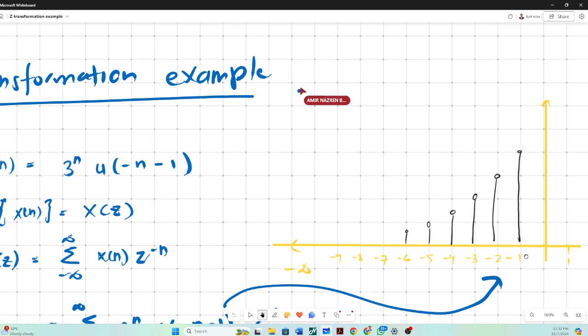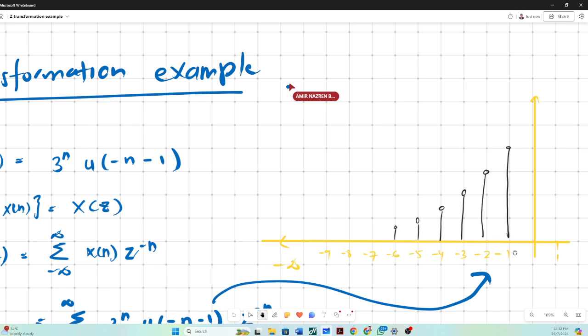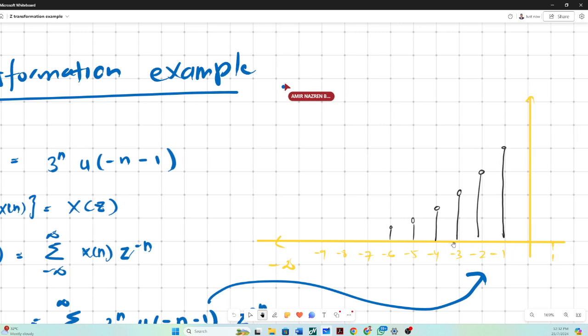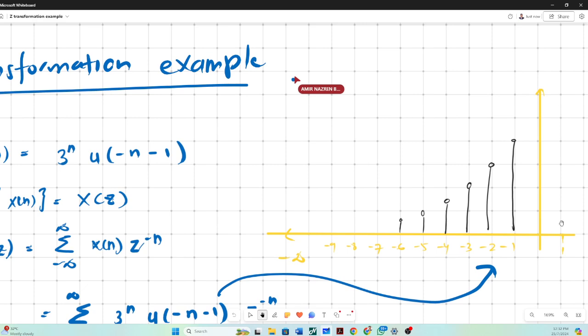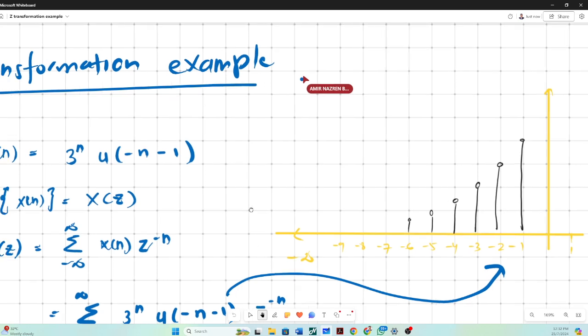For the signal before n minus 1, we assume no signal is generated. So what we can conclude is that the signal only happens at the left side, from minus 1 until minus infinity.